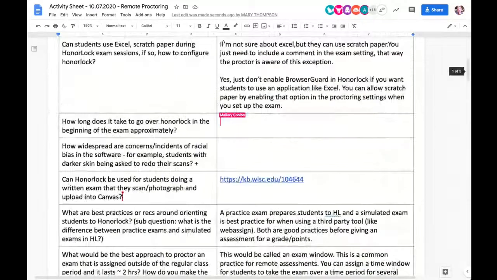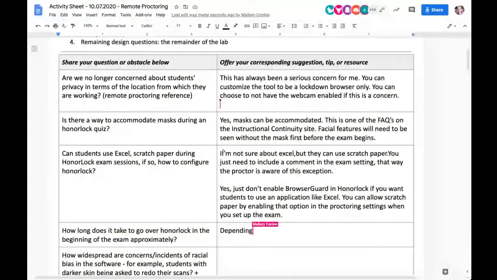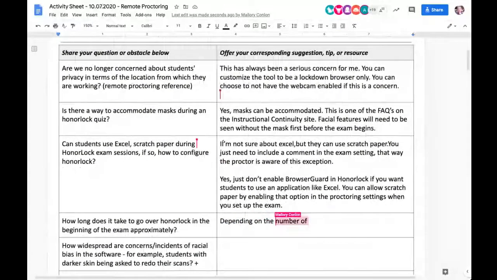Hi, John. This is Mary Thompson. I am part of the administration in the provost office who helps support Honorlock. And I think when we think about our assessment toolbox, Honorlock is a choice in that toolbox, and I think you did a really nice job of showing that as a full strategy and toolbox.